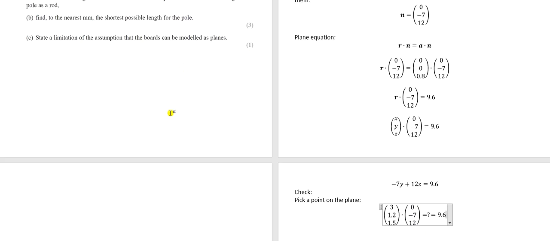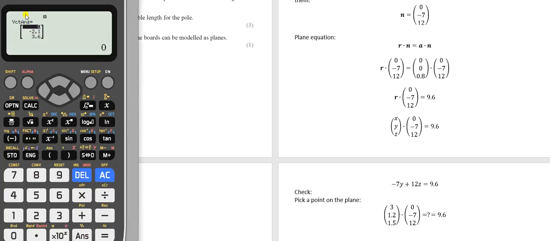And you can check this for yourself. The quickest way is the calculator. The calculator may have a dot product method here. You can see there's dot product, so we could do that. But given the simplicity of the calculation, you're probably best off just going back to normal calculator mode and doing 1.2 times -7 plus 1.5 times 12.